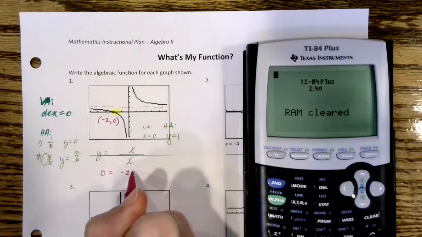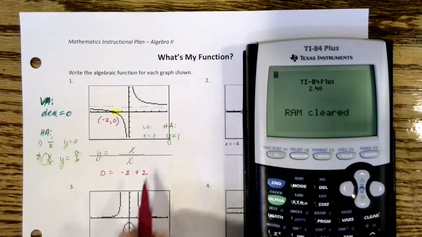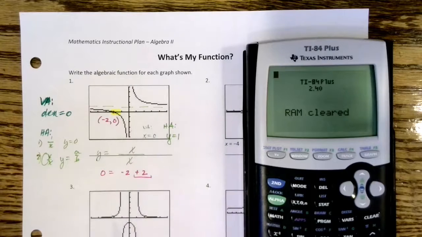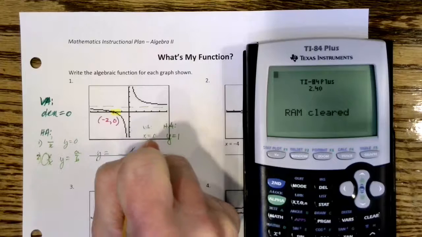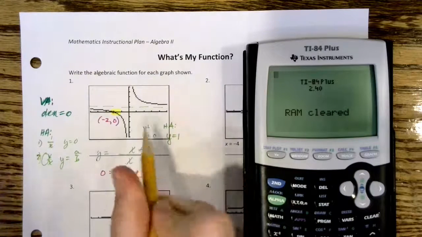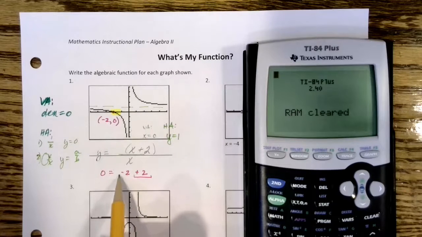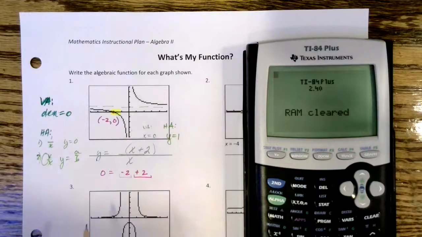So that means that -2 is for that x. Do you see how that +2 ends up being a necessary part of my function? So if I have x plus 2 in my numerator, that means that an input of -2 is going to give me 0 as an output.